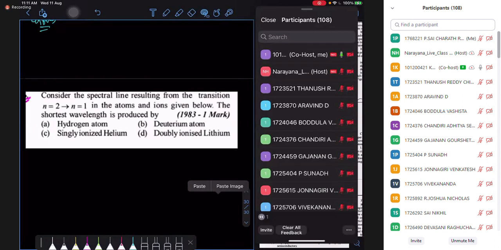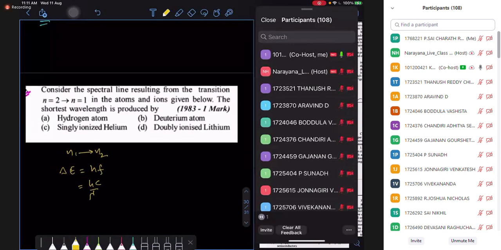Shortest wavelength simply means, here wavelength and energy are inversely related. When you make a transition from n1 to n2, energy turns into photon energy, and I can write this as hc by lambda. Frequency is c by lambda.